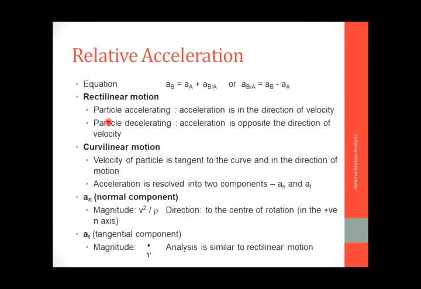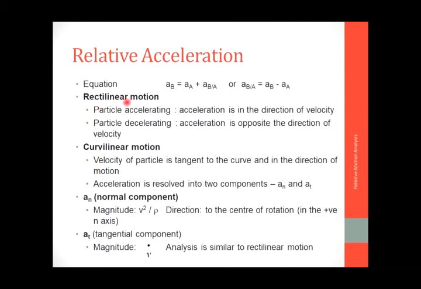And for relative acceleration, the equation is AB equal AA plus ABA. So the acceleration of B relative to A is equal to the acceleration of B minus the acceleration of A. It can be divided into rectilinear motion and curvilinear motion.